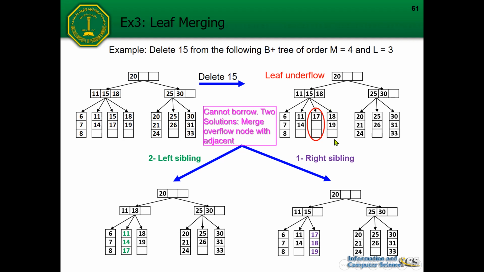Now for example, we want to combine this node with the underflow with the right sibling. The answer will be here. We combine 17, this node containing only 17, with the right sibling containing 18, 19, which will become 17, 18, and 19. So after that, we combine them together.